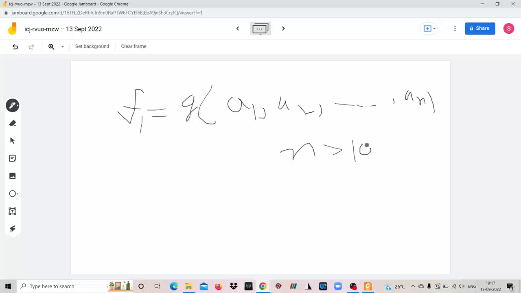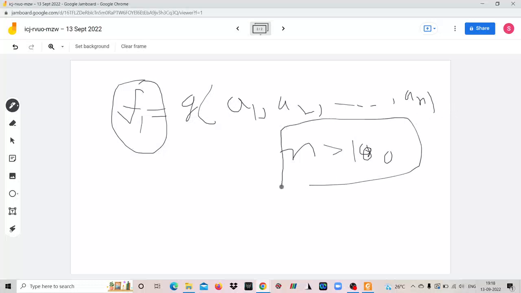So there is a physical phenomenon where a particular physical quantity of interest f1 is dependent upon n number of quantities, where n is greater than 100. For a problem which involves such a large number of physical quantities, it is very difficult.